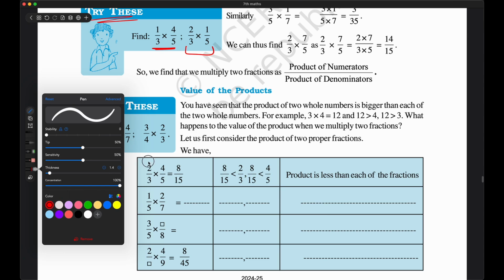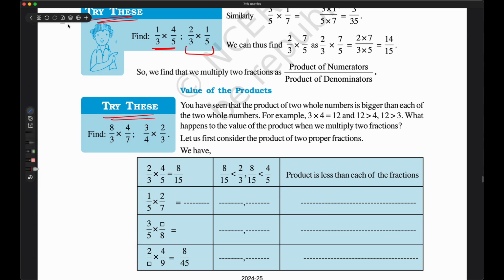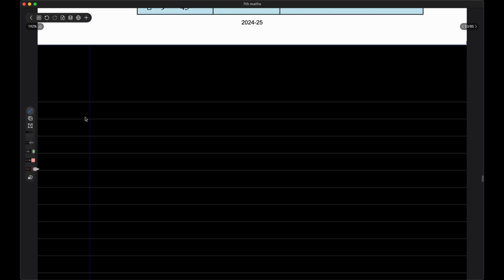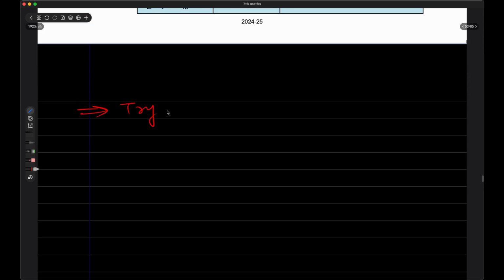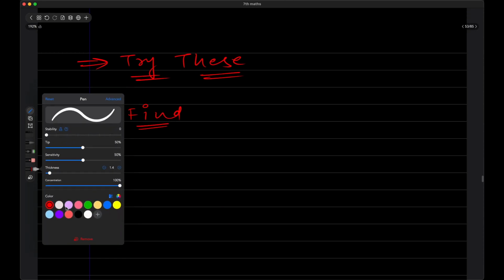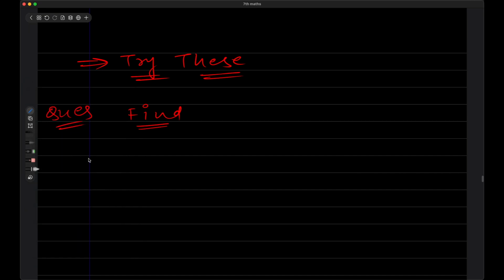Now let us solve this. Try this. We have to find first 8 by 3 into 4 by 7, and second 3 by 4 into 2 by 3.